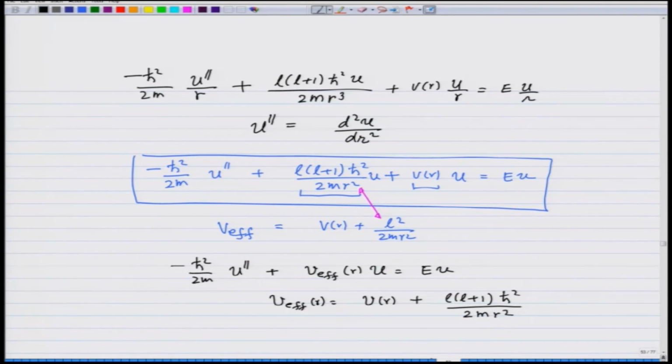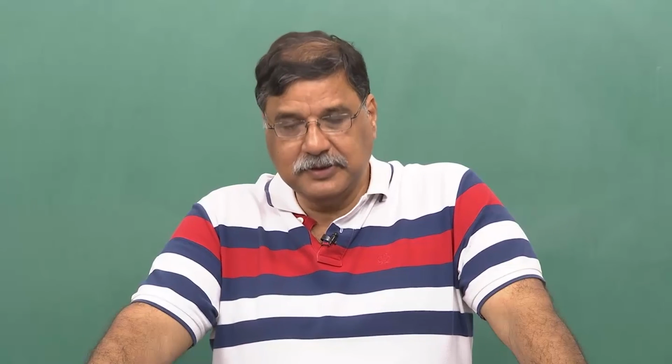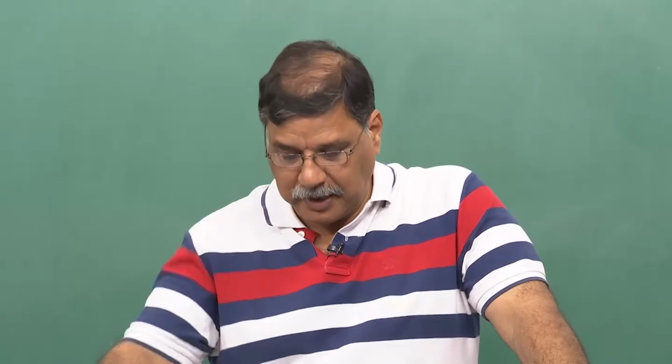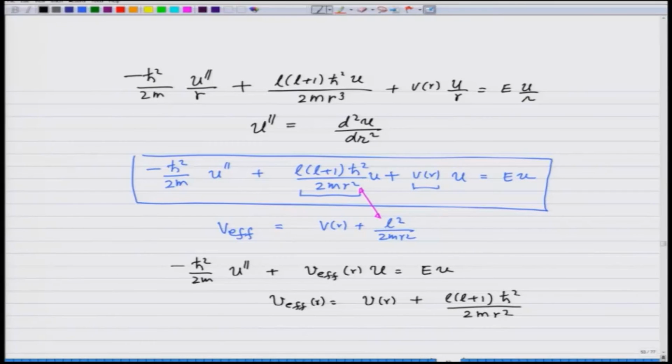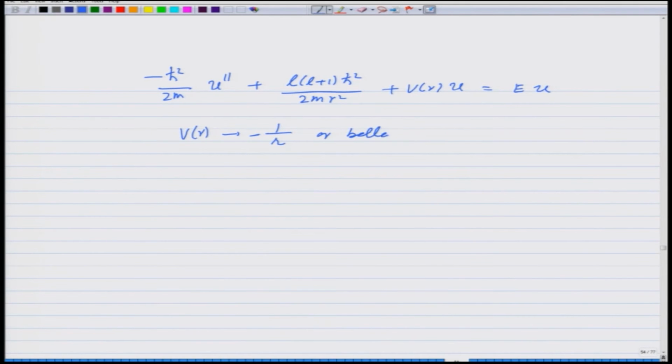Now, for potentials that are regular near r equals 0, some general properties about u(r) can be inferred from this equation. So, the equation that I have is minus h cross squared over 2m u double prime plus L(L+1) h cross squared over 2mr squared plus V(r) u equals Eu. V(r) maybe goes as minus 1 over r, or better, it does not blow up faster than 1 over r.